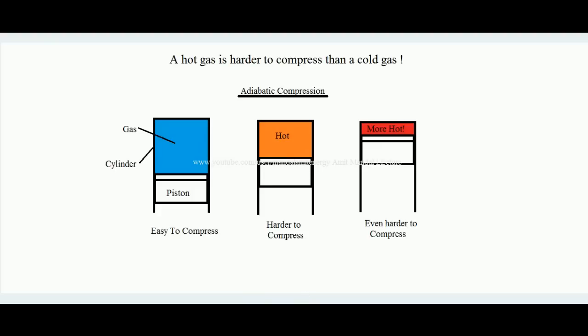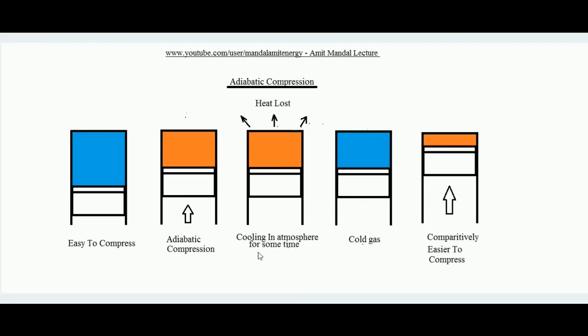Now let's do the same experiment in a different fashion. You can see over here that again there is a piston cylinder system containing a gas. Now it is adiabatically compressed. To some extent it is compressed, as you can see in the second picture. Now this piston cylinder system is kept in the environment.